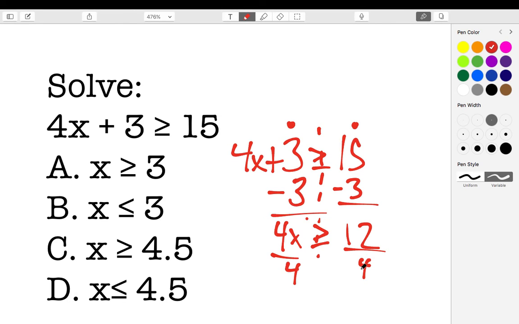Nelly, why do you divide by 4? So what's the reason you divide by 4?